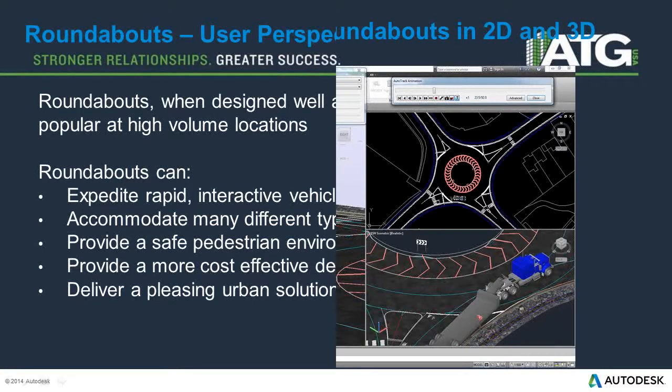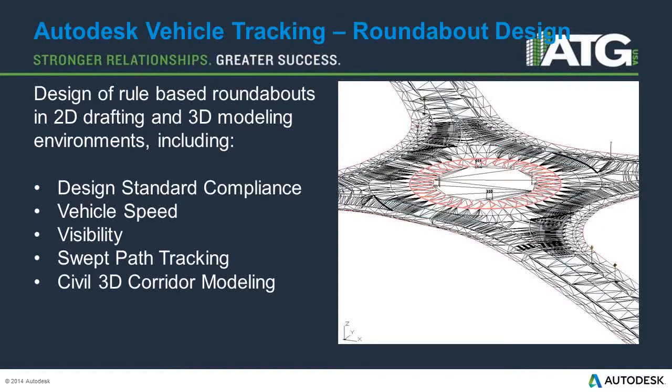The roundabout design tool in Autodesk Vehicle Tracking allows you to quickly and easily create a fully geometric, compliant, editable roundabout in 2D and 3D modes. Design of rule-based roundabouts in 2D and 3D modeling environments are included in this list.